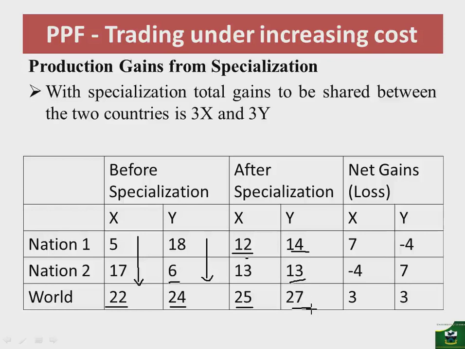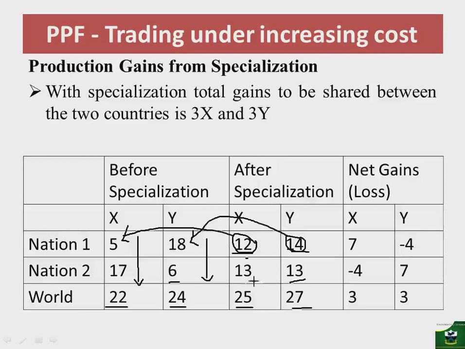When measuring the net gains, or the gains from production, we subtract the X production before specialization from the X production after specialization, which is 12 minus 5, and we end up with 7. And then we also subtract the Y production before specialization from the Y production after specialization, and we have negative 4.